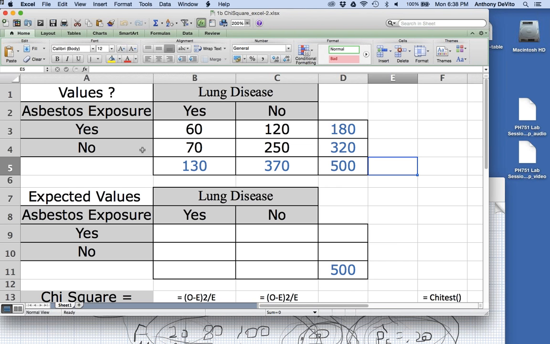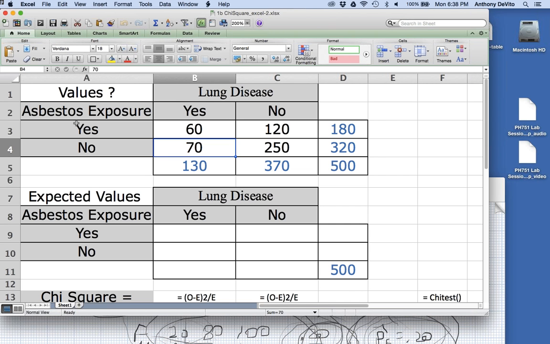Of those, 320 of them had no significant asbestos exposure. So 70 out of those 320, it turns out, have lung disease, right? Maybe COPD, maybe some other, that's not really specific, but have some sort of lung impairment.